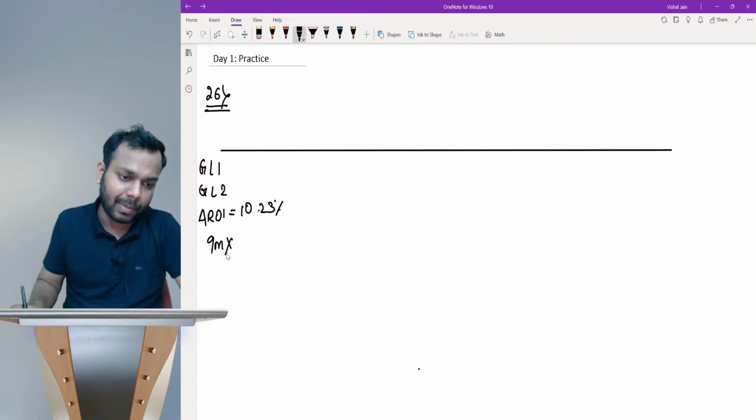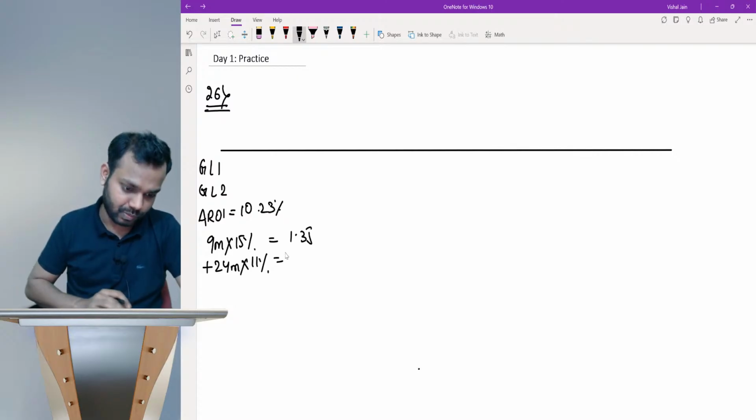15 million multiplied by 9 percent is 1.35, plus 24 million multiplied by 11 percent is 2.64.